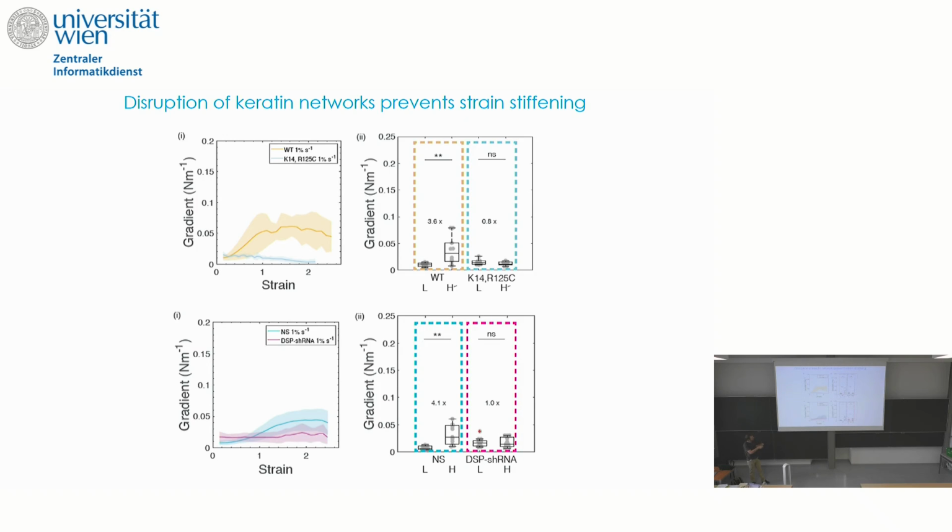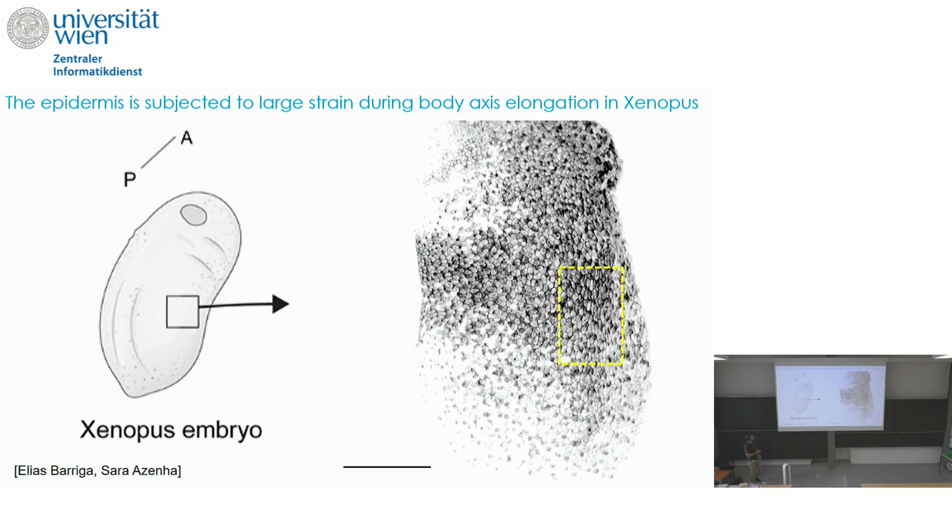And similarly, if you deplete desmoplakin, this is the line in magenta here, you also don't have any strain stiffening compared to the non-silencing control. So essentially, if you disrupt the supracellular network formed by keratins and interfaced by desmosomes, you've got some tissues which are more fragile and that don't strain stiffen.